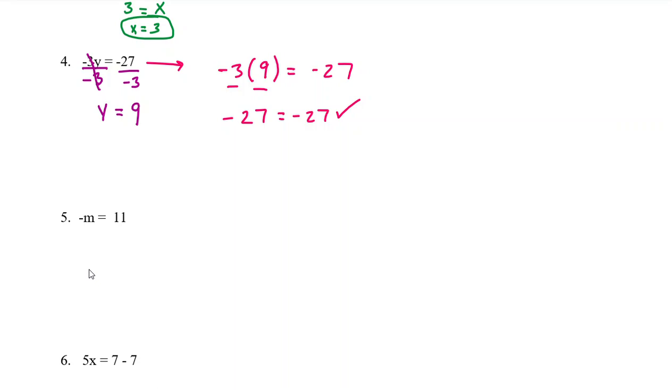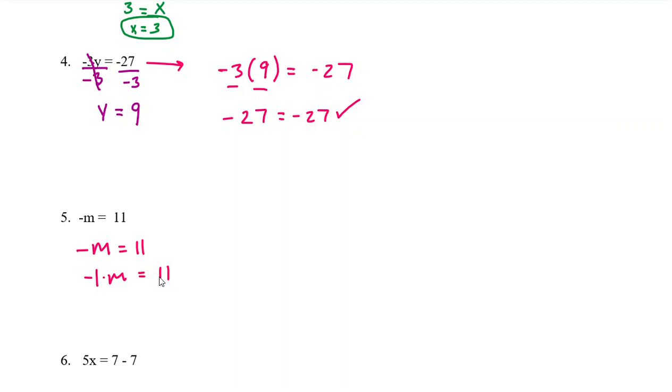Okay, now number 5. This one was also a bit tricky. It's actually really tricky. Negative m equals 11. How many m's are there? Or what's being done to m? The m is being made negative, and we could think of this as negative 1 times m. Remember, if I just had m, it would be 1m.